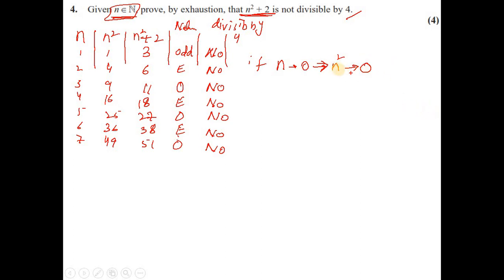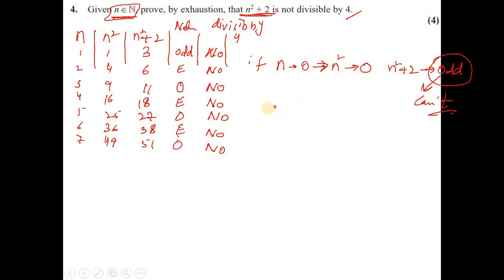So if you add 2 to an odd number, that means n square plus 2 is again an odd number. An odd number cannot be divisible by 4.